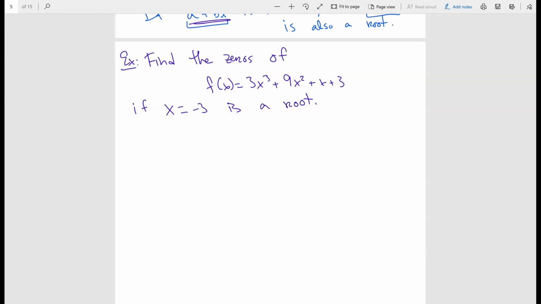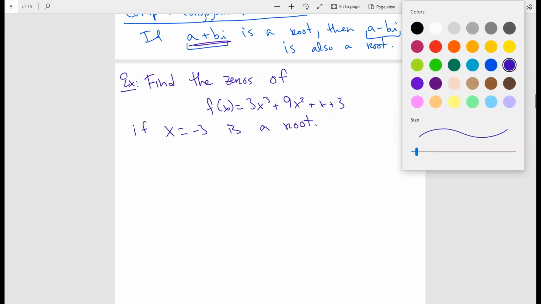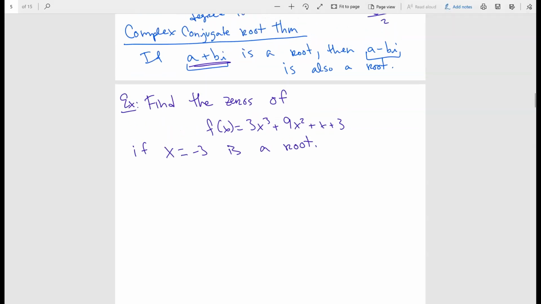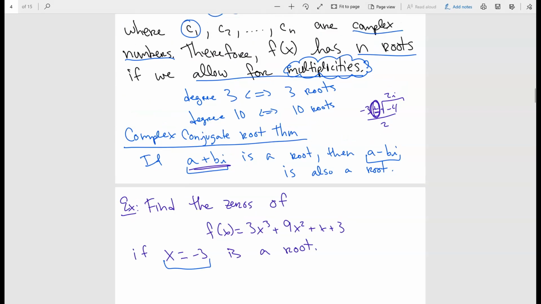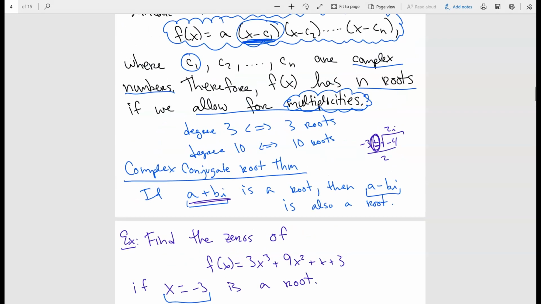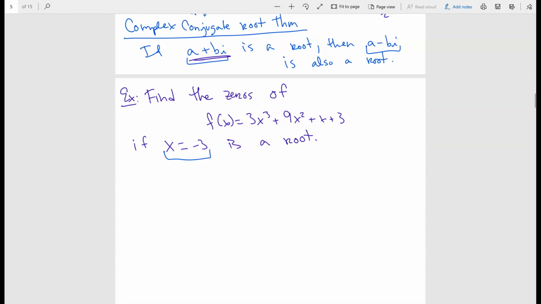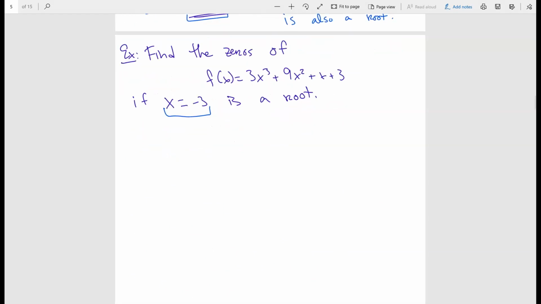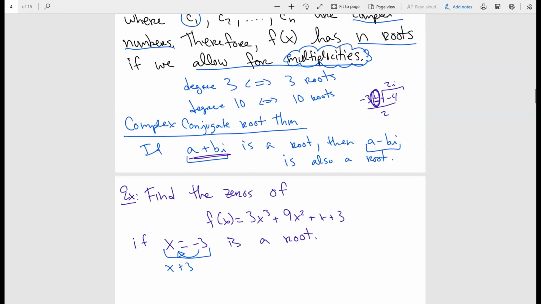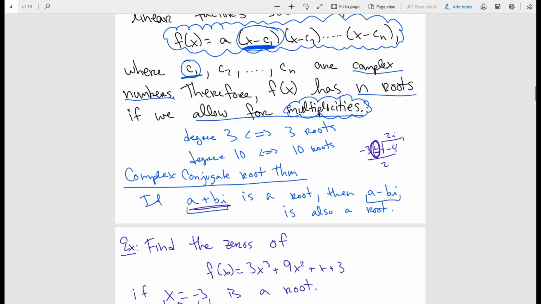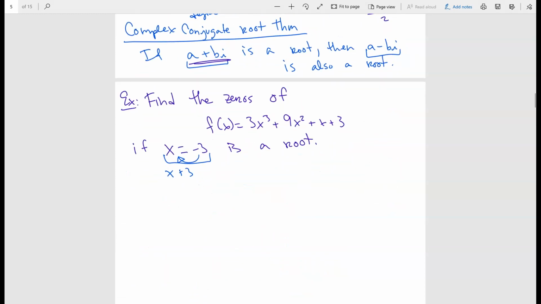When we know something is a root, we can rewrite it as x minus c1. So I can write x equals -3 as x plus 3, because I can add the 3 over. If I have c1 as a root, I can write it as x minus c1, so x minus -3 gives me a positive. Okay, so that's just a root.